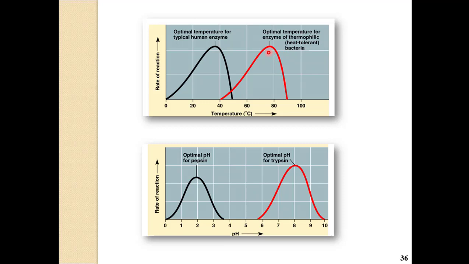The bacteria in those areas are very heat tolerant, and researchers have found that these bacteria have enzymes that are most active at around 75 or 80 degrees Celsius. So if you took those bacterial enzymes and tried to put them into us, they wouldn't work. If you took any of our enzymes and put them into the bacteria, they won't work in their normal environment of either cold or hot, right? Again, I'm just trying to emphasize how enzymes can be affected by both temperature and pH, and they can lose their functionality if they're not in their happy zone, basically.